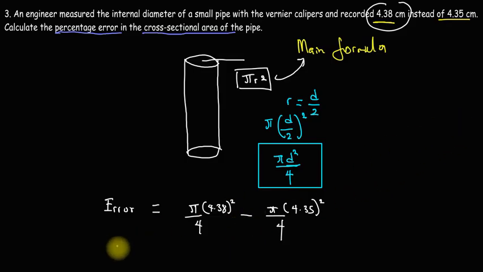So simplify further. Since this is the same, it means they are like terms, which means we can just take the square of 4.38 and the square of 4.35 and subtract them.